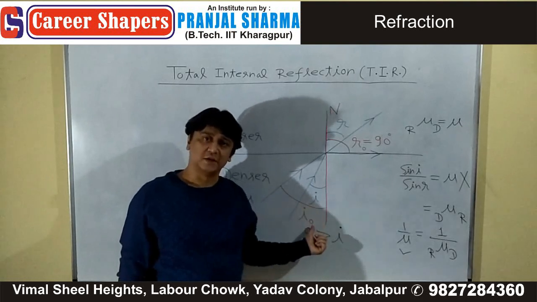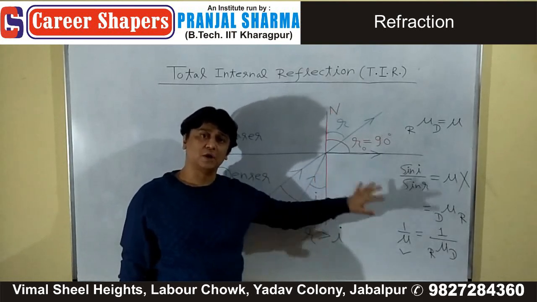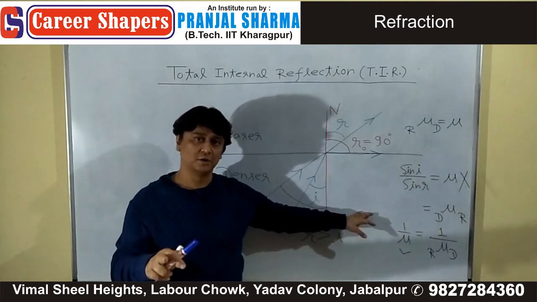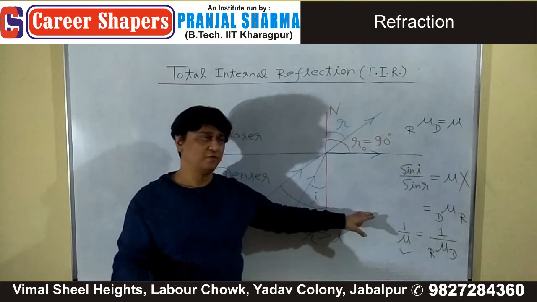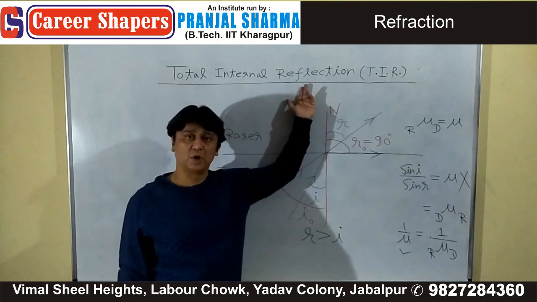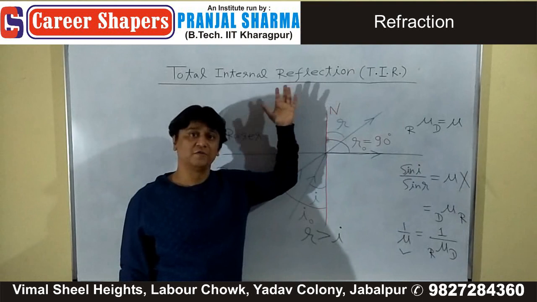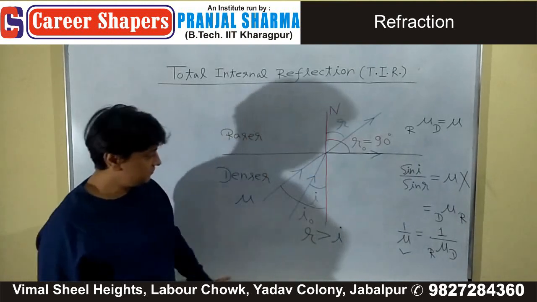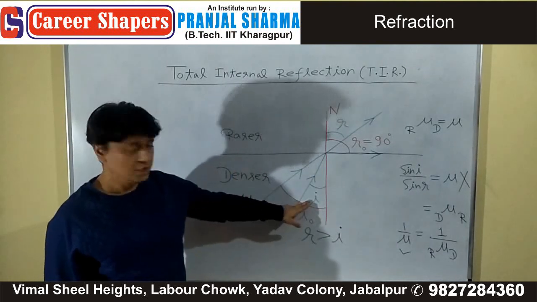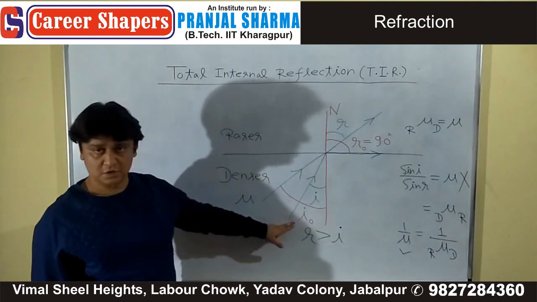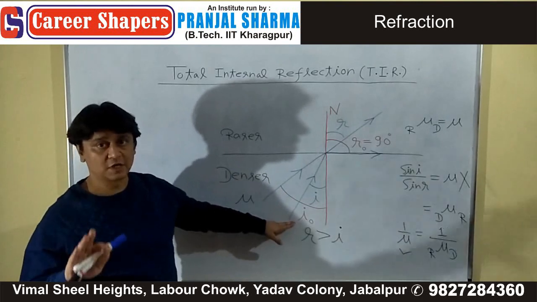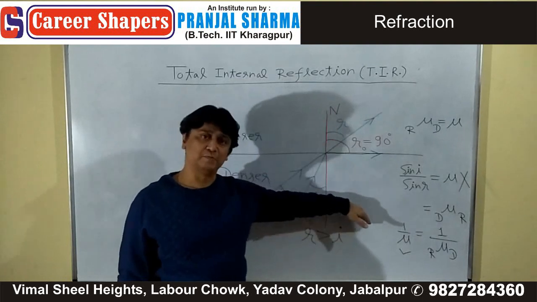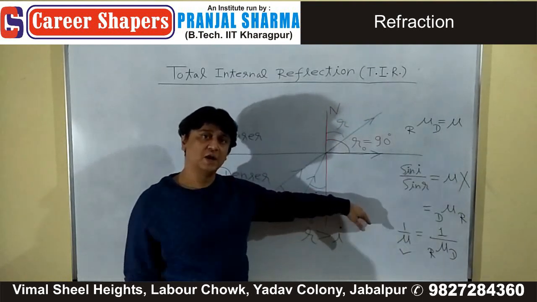It's coming from the denser medium, and it's ultimately moving back into the denser medium. That means now there is no refraction. It's simply reflection, and therefore we call it internal reflection. Total internal reflection means if you have i greater than i naught, then all the rays will simply move back into the same denser medium from which they are arriving.